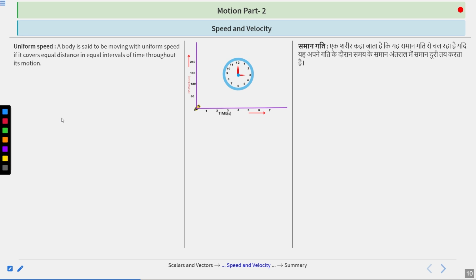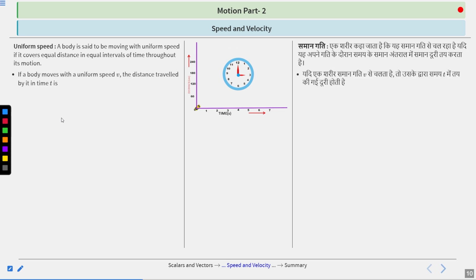For example, if the body started traveling and in 1 second it was covering 10 meters, then it had to cover 100 meters and it maintained its speed, covering 10 meters in every 1 second. So that will be uniform speed, because the distance traveled and the time taken are in the same ratio from the start till the end.